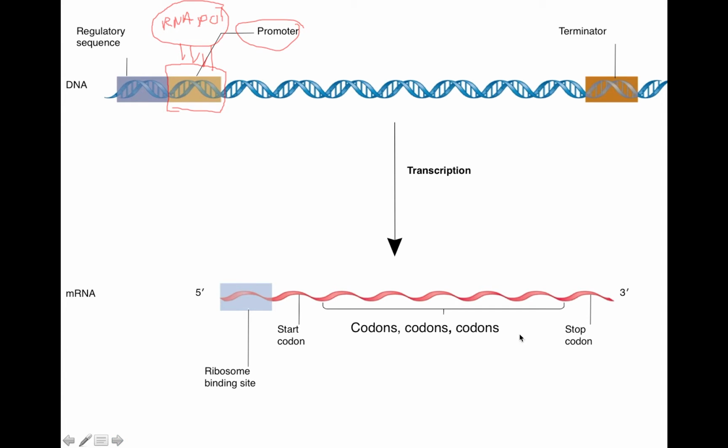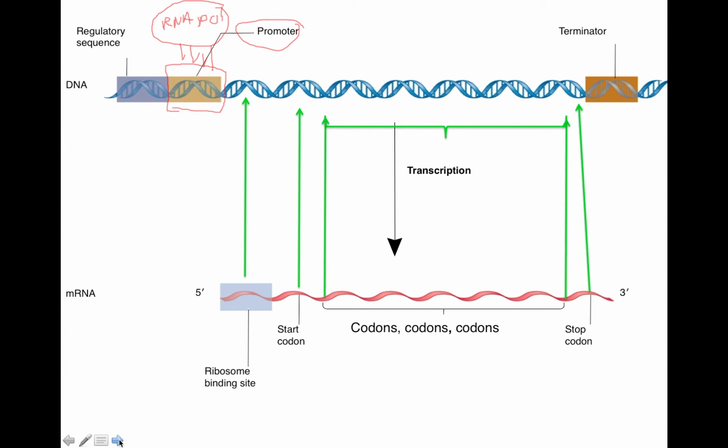We'll talk in a lot more detail about this in subsequent lectures, but I just want to indicate that the nucleotides that comprise the ribosome binding site are encoded in the DNA of the gene. And you can map the ribosome binding site of the messenger RNA onto the gene. Similarly, you can do so with the start codon, all the codons, and the stop codon. So you can find the nucleotide sequences for the start codon and all the rest of the codons, including the stop codon, encoded in the DNA of the gene.